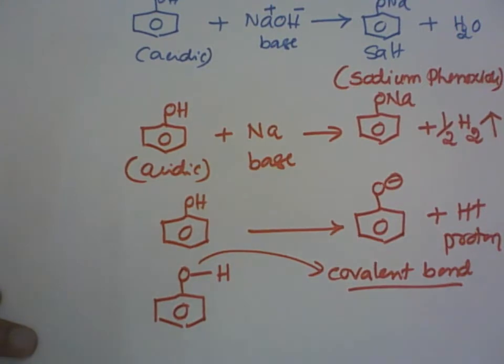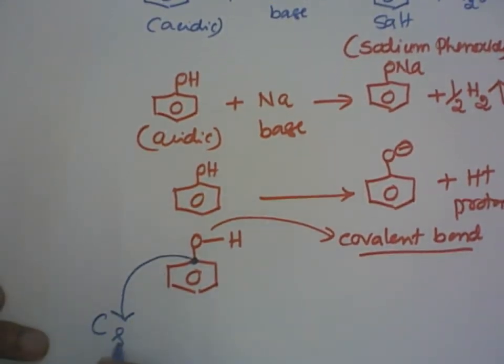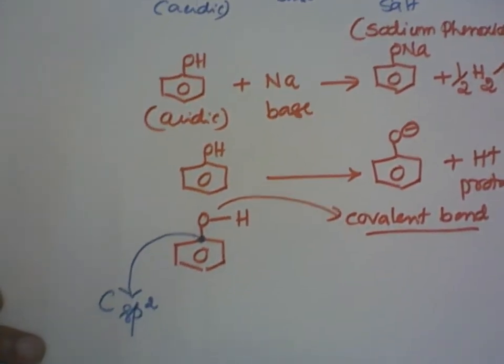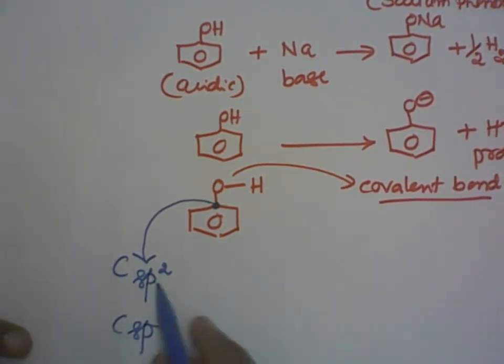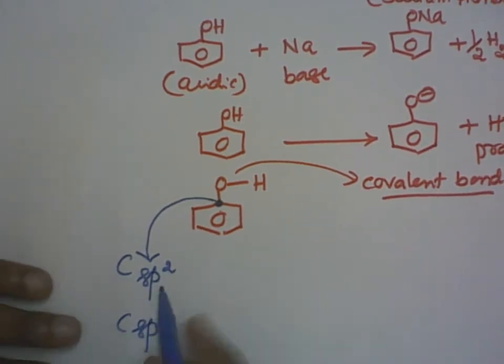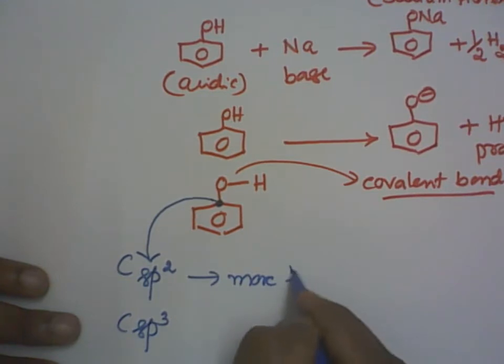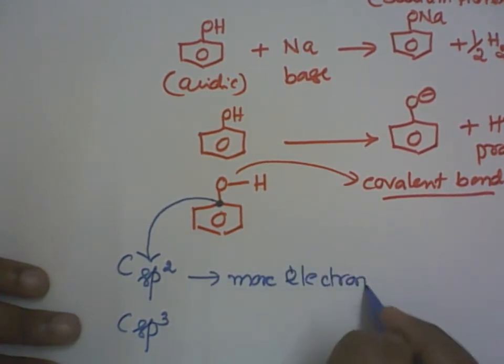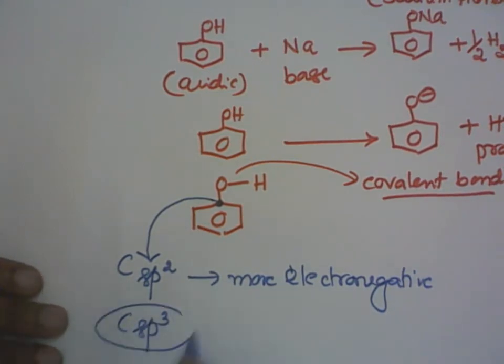Now the carbon atom which is attached to oxygen: all the carbon atoms present on benzene are sp2 hybridized. There can be sp3 hybridized carbons in some other molecule. Now we compare which carbon is more electronegative. The sp2 carbon atom is more electronegative compared to the sp3 carbon atom.